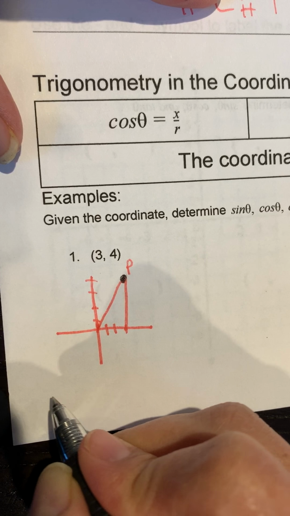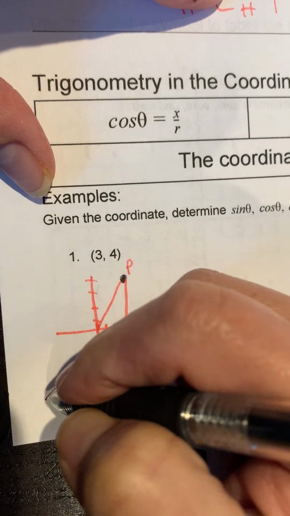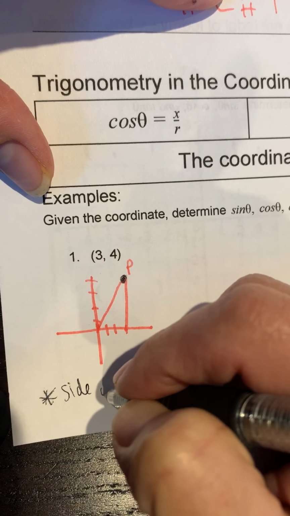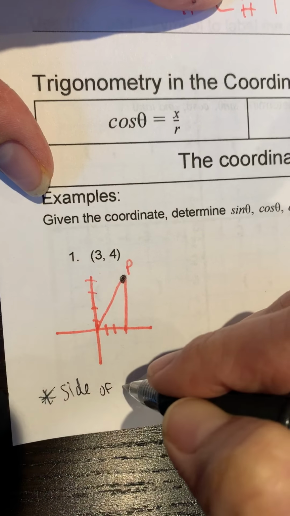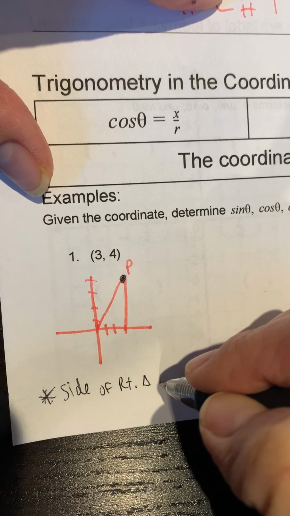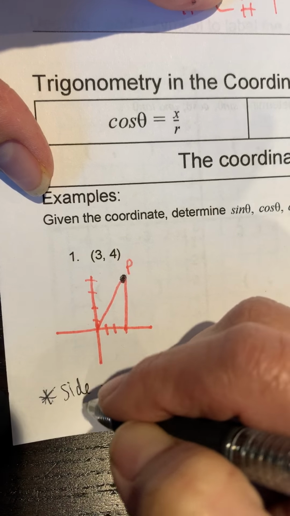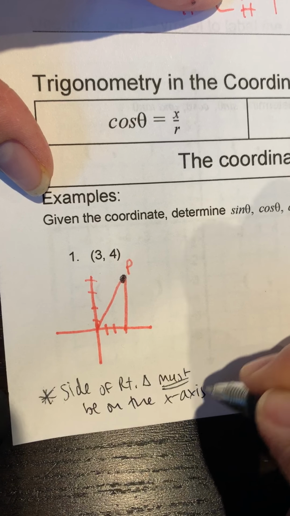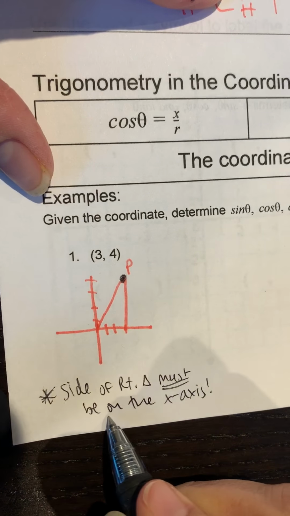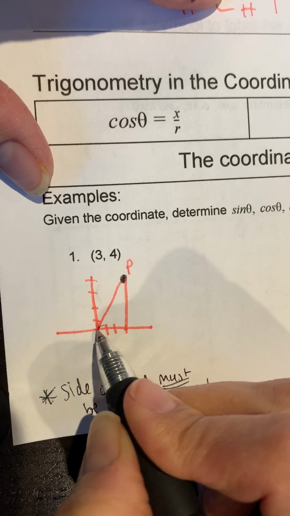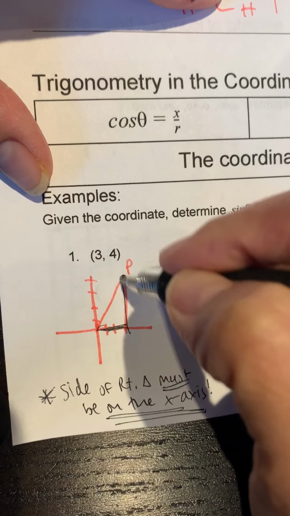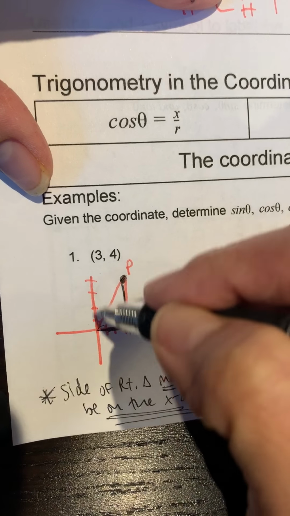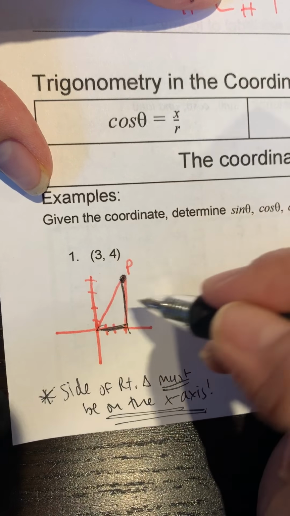One of the sides of the right triangle must be on the x-axis. It cannot be anywhere else. So here it is on the x-axis coming down. It's not on the y-axis, only on the x-axis. Not ever touching the y-axis, ever.